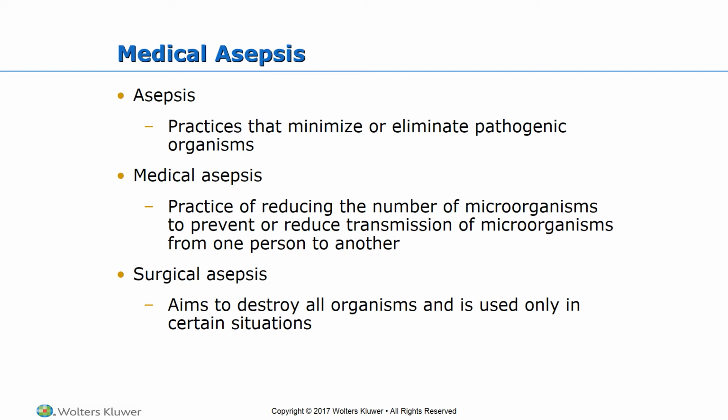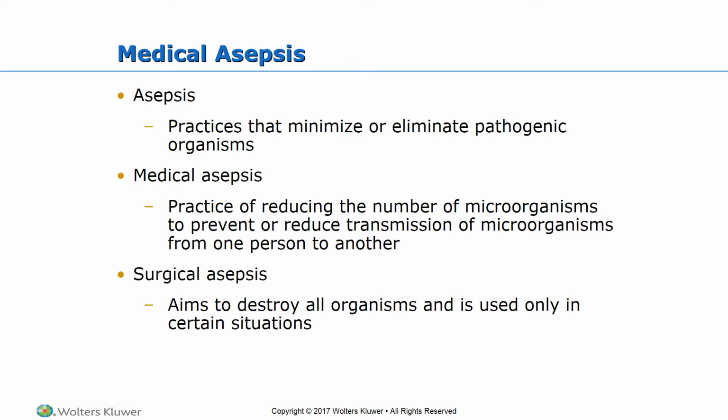Okay, now that we've talked about infections and microbes and all of the ways that things can spread, now we're into the heart of the nursing matter, asepsis. Now we'll find there's a difference between medical asepsis and surgical asepsis.